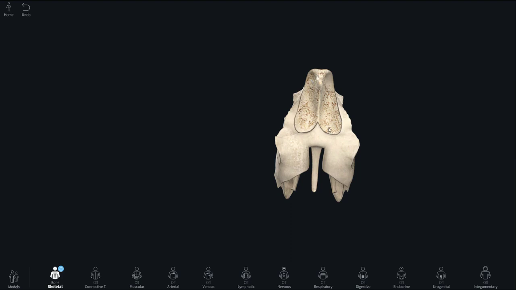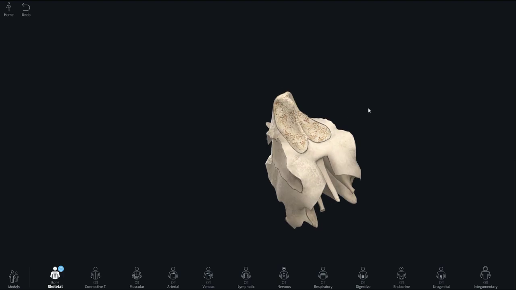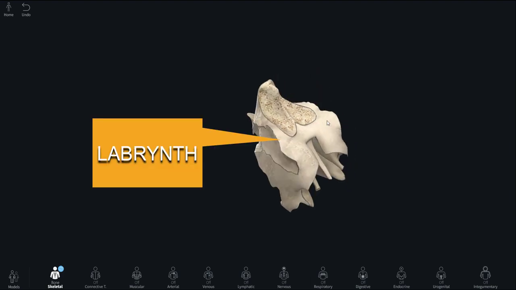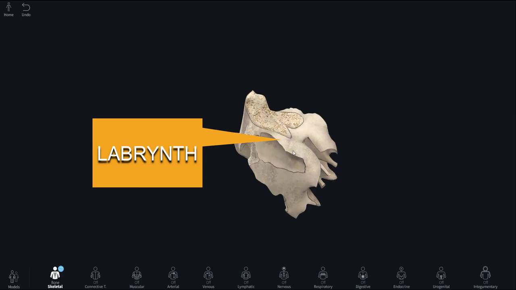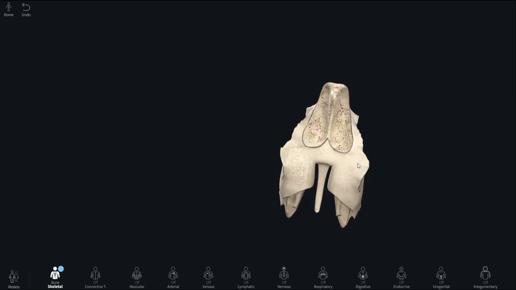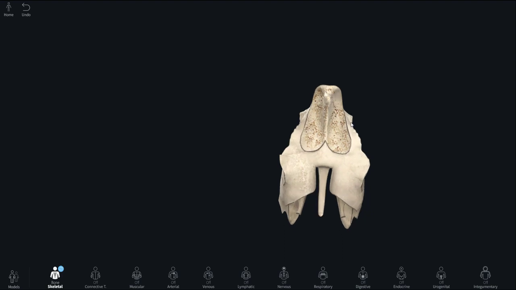What I would like you all to appreciate are these lateral bony cavities of the ethmoid bone. They are what we call the bony labyrinth. So the bony labyrinth of the ethmoid bone are the lateral masses on either side of the cribriform plate.